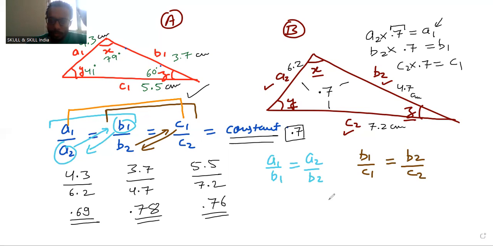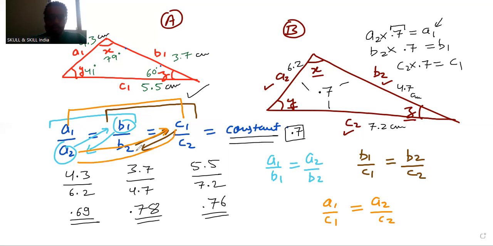Can I write A1 upon C1 is equal to A2 upon C2? Can I do that? All I did was move it over here and move that over there. You can see that very clearly, right?